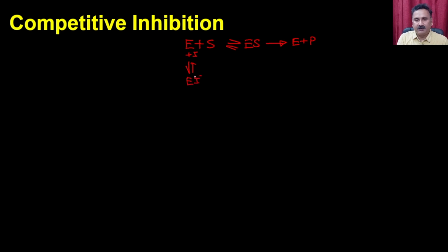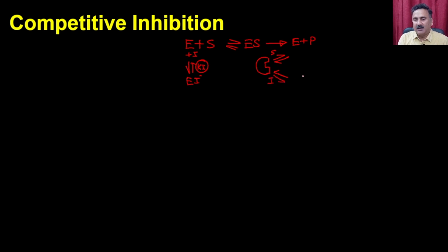And the equilibrium constant for this is called Ki, whereas in this case it is called Km. So this means you have an enzyme which is under the equilibrium of the substrate, or under the equilibrium of the inhibitor, right?